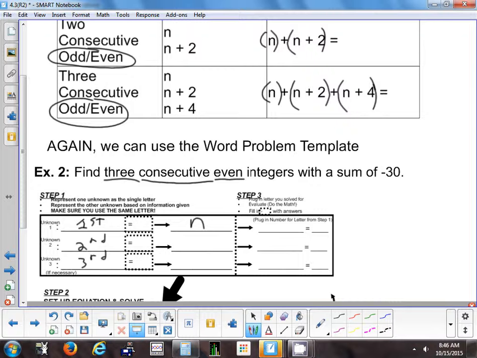Are you doing +1s or +2s? +2. That's the key right there that tells you +2s. Can you give me my last one? Plus 4. Good. All right, so that's our setup.